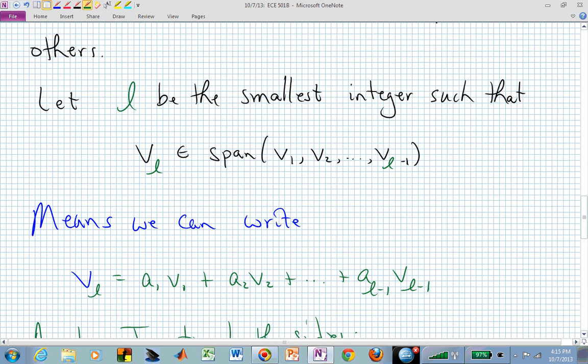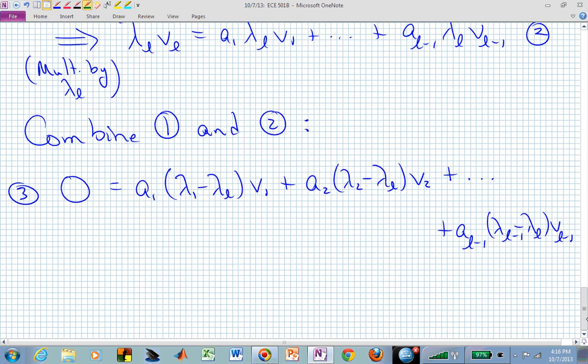So if these are linearly independent, that tells us something about what's happening down here. We have a linear combination of linearly independent vectors that is equal to 0. What happens when we have a linear combination of linearly independent vectors equaling 0?